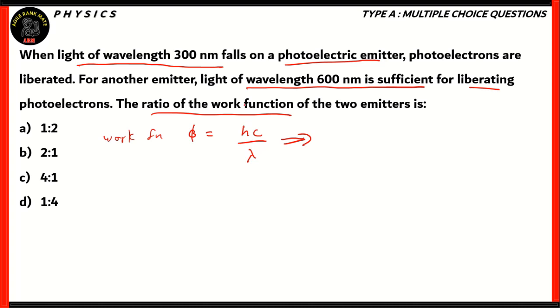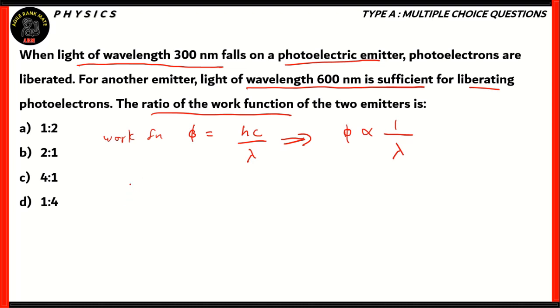Now h is a constant, c, the speed of light, is also a constant, which means that the only variable left here is the wavelength of the light that is falling on the photoelectric emitter. So that means that the work function is inversely proportional to the wavelength of the light that's falling on it.